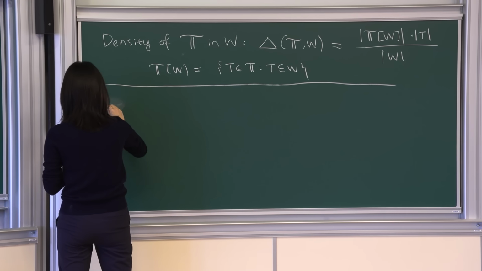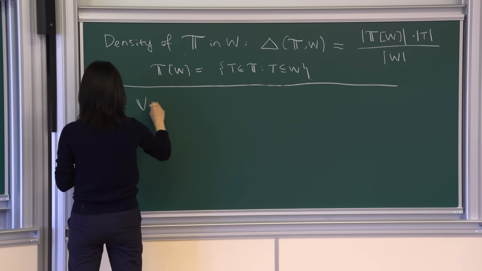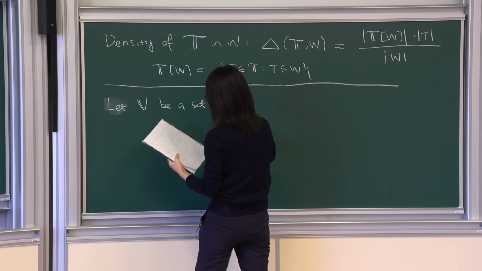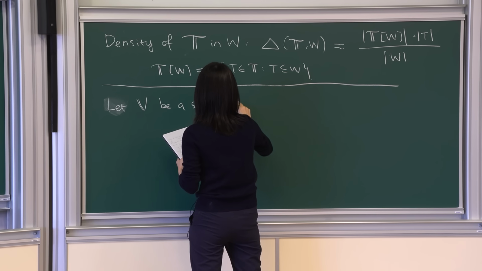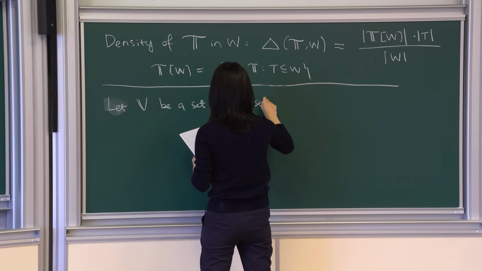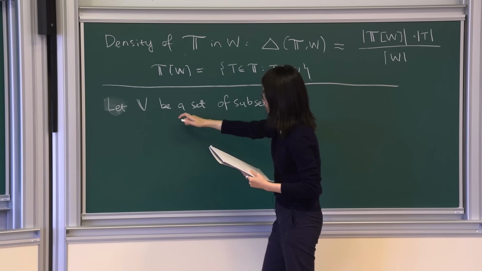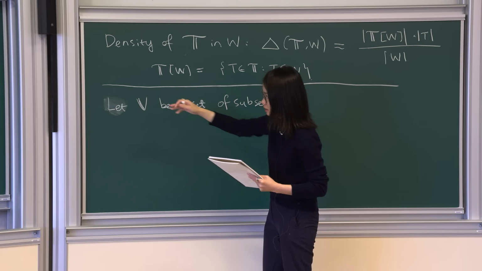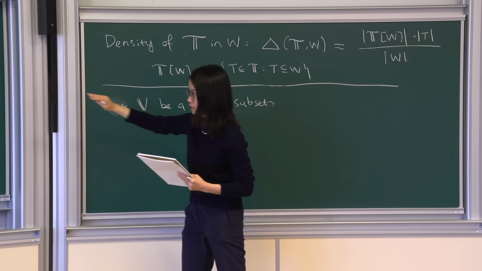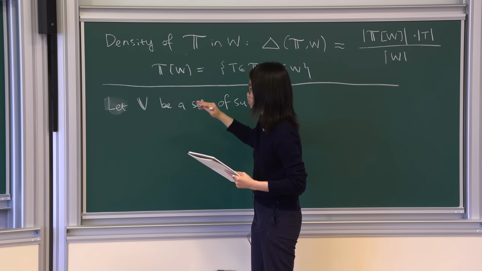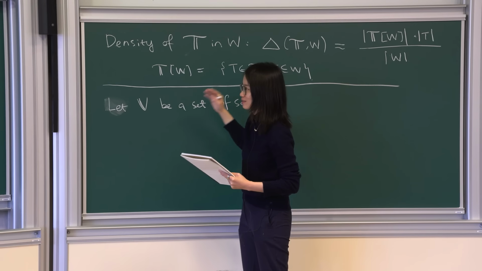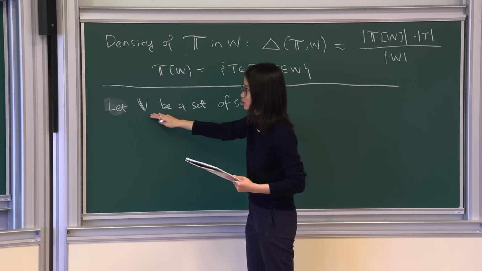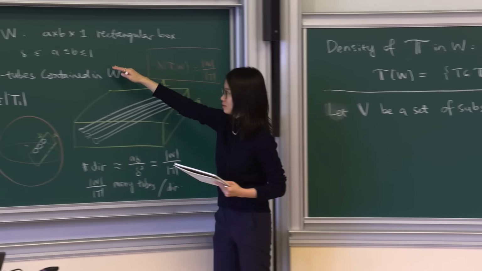Let's say let V be a set. It looks slightly abstract, but in reality, you should think of V, so this blackboard V, as a set of delta tubes, or a set of A times B times 1 rectangular boxes. And for these lectures, they are just essentially these two options. Either V is a set of delta tubes, or V is a set of Ws.